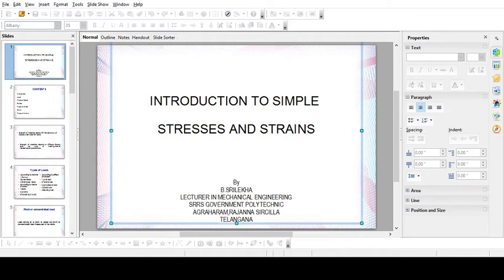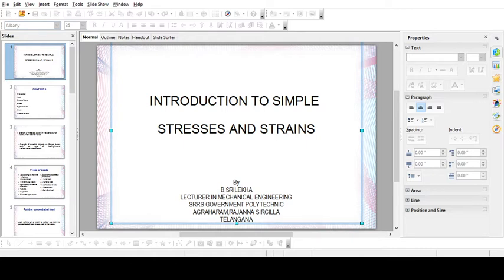Next, types of stresses. There are many types of stresses, but from the subject point of view, we are following only three types. They are tensile stress, compressive stress, and shear stress. Tensile stress: we have already discussed tensile load.